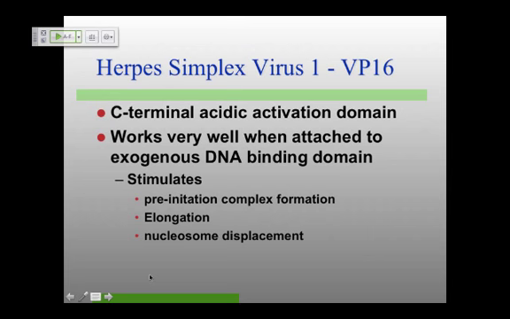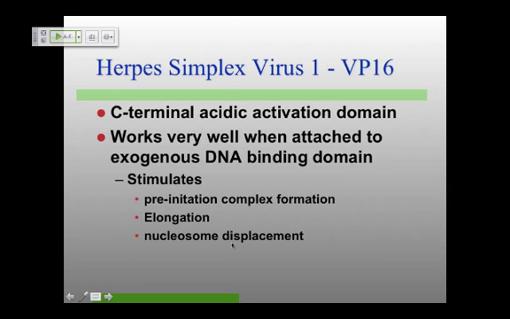It has an acidic activation domain, so split up, different domains in your different regulators here. It works extremely well when you hook it up to a separate DNA binding domain. It stimulates basically everything that you need to do in terms of transcription, putting together the whole transcription complex, it stimulates elongation, but probably most importantly, it gets rid of nucleosomes.